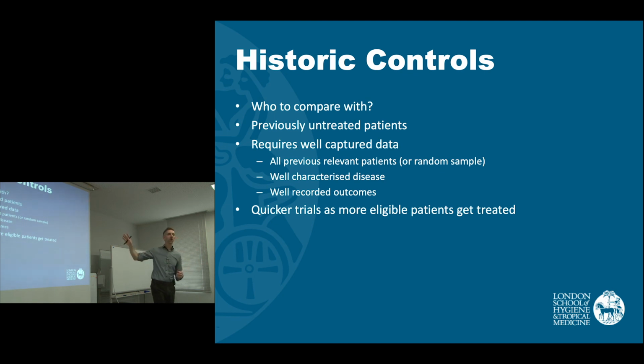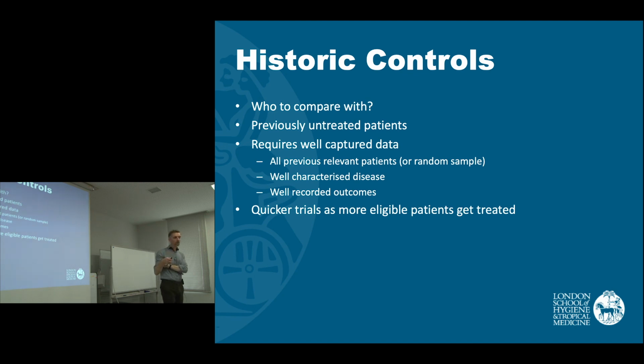So this is not straightforward, but it's the sort of work that people are doing to see whether we can use historic controls as the non-treated comparator arm for current day randomised trials, if that makes sense, or controlled trials.